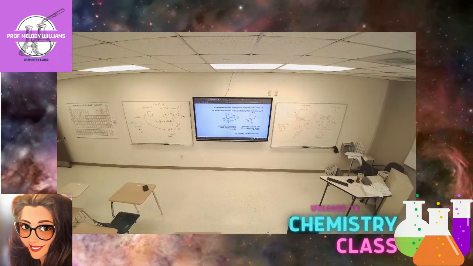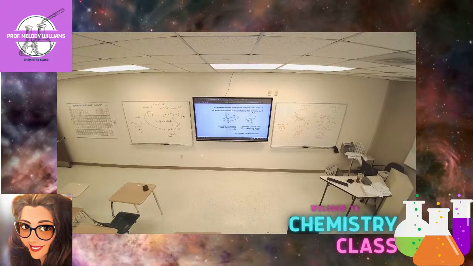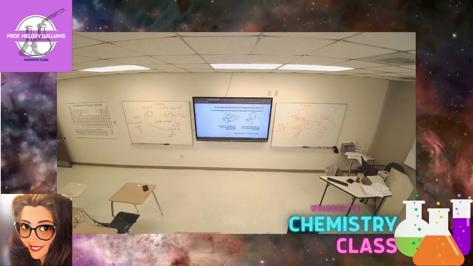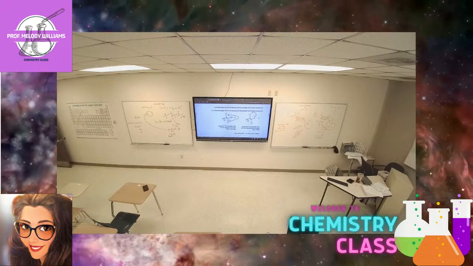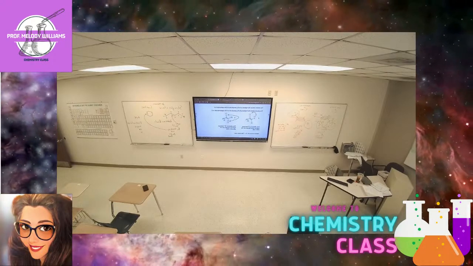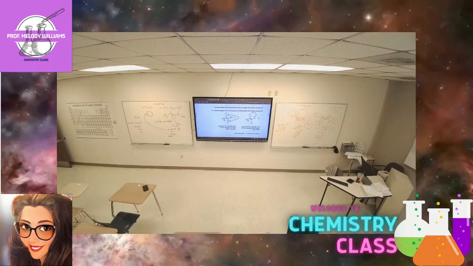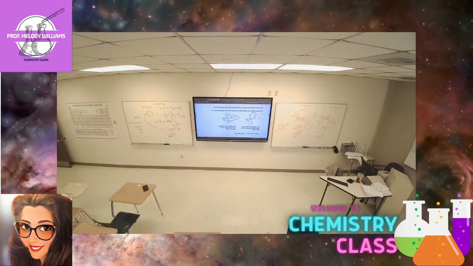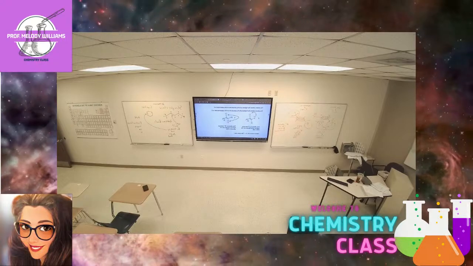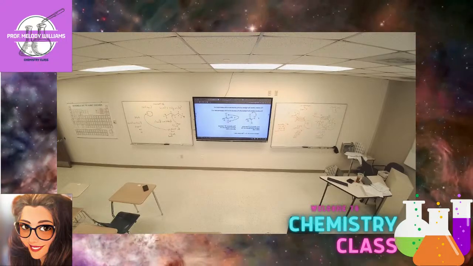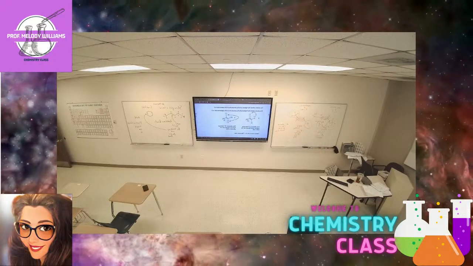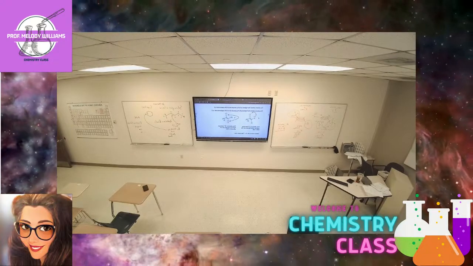Then the next thing we do, assign numbers of priority for groups on the other carbon. Same thing. Highest atomic number gets number 1.